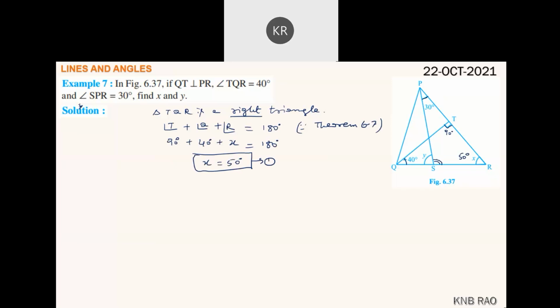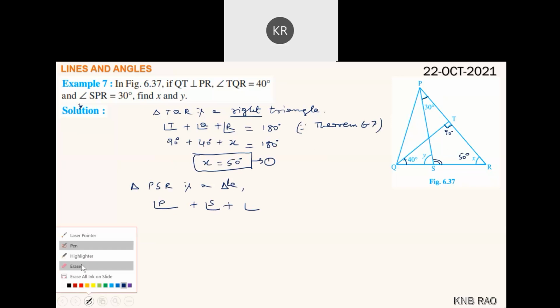PSR is a triangle. When PSR is a triangle, angle S is 100 degrees. That's why I am writing, see, here I will write the three-letter notation.